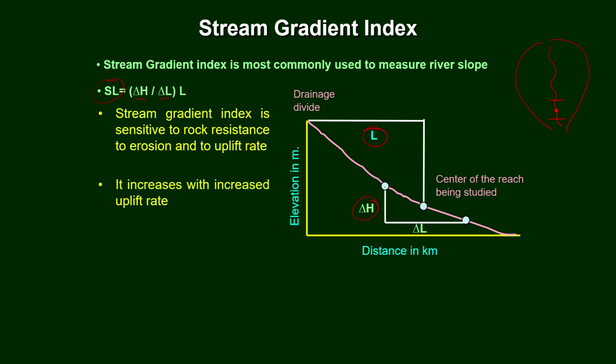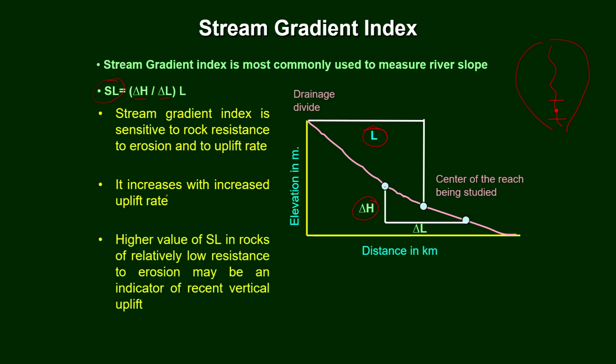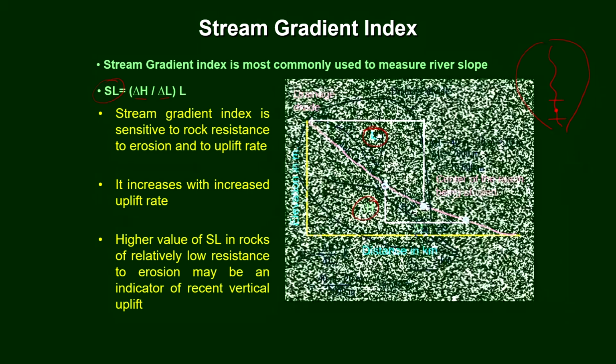That is basically the sensitivity of the area under the influence of tectonics. The SL index increases with increased uplift rate. A higher value of SL in rocks of relatively low resistance to erosion may be an indicator of recent vertical uplift. So, you can also talk about tectonic events in that area.